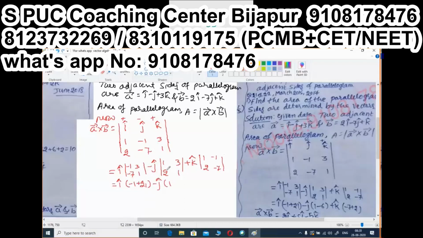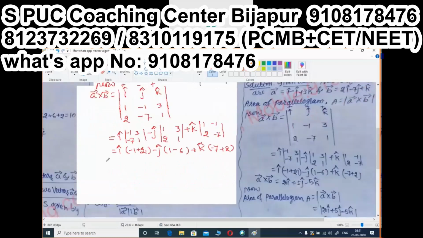Next, this into this, 2 into 3 is 6, on this side always you are taking a minus, that's why minus 6. Okay, plus k cap of this into this, that is 1 into minus 7, minus 7. Next, this into this, always you are taking minus on this side, already here is 1 minus, that is 2 into minus 1, minus 2, minus of minus plus 2 it is, plus 2. Okay, simplify that and tell me what it is going to come out as.